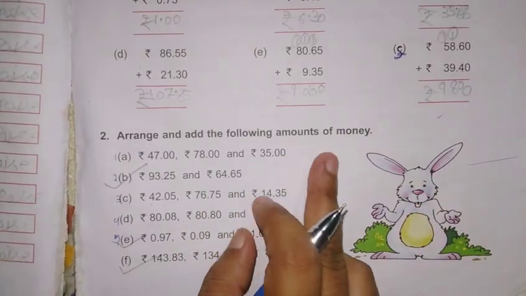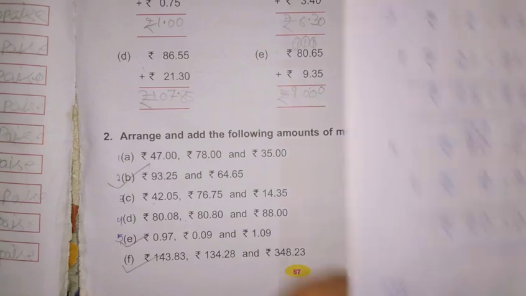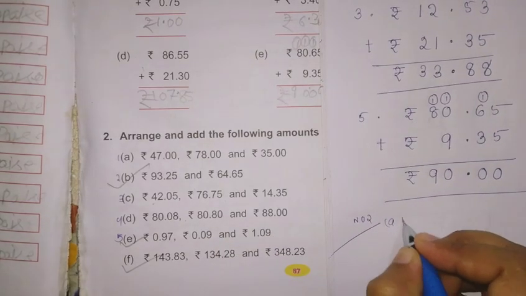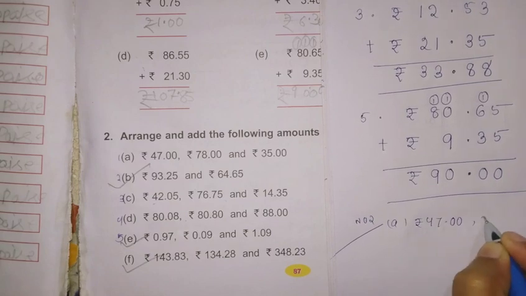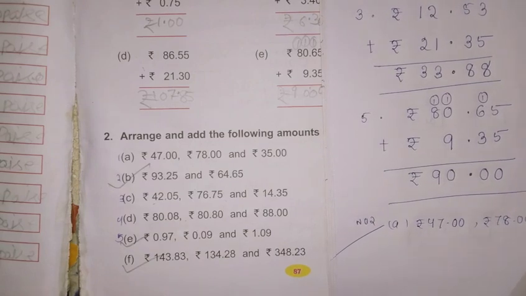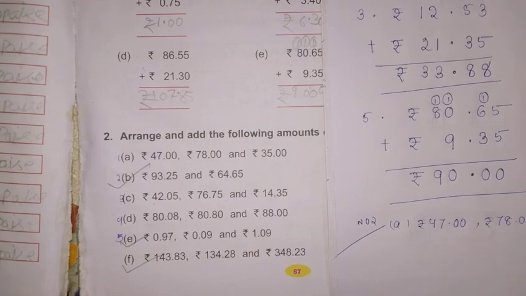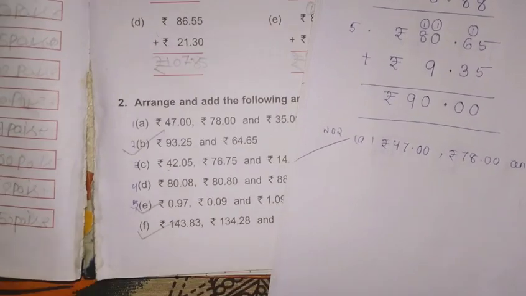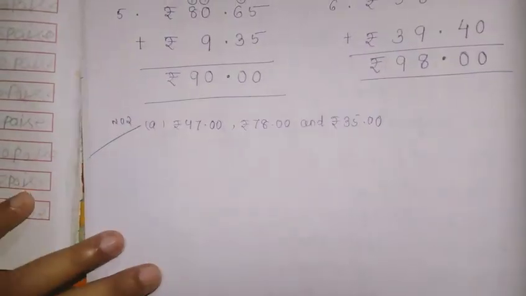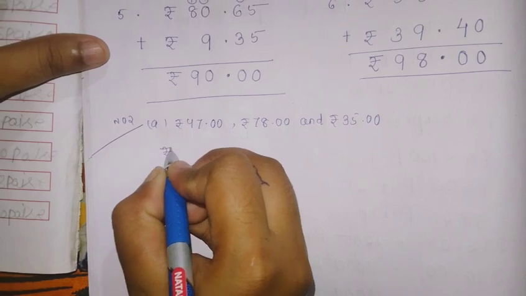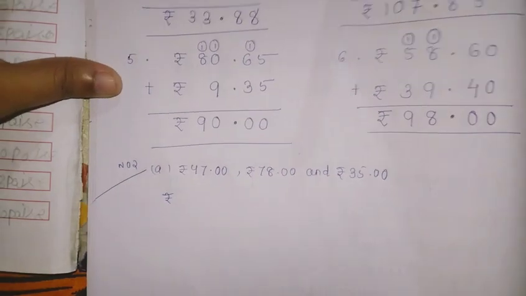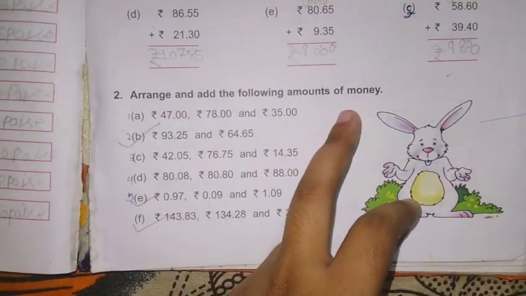Arrange and add the following amounts of money. First A. 47 rupees, then 78 rupees and 35 rupees. First write, arrange and add the amount of money.